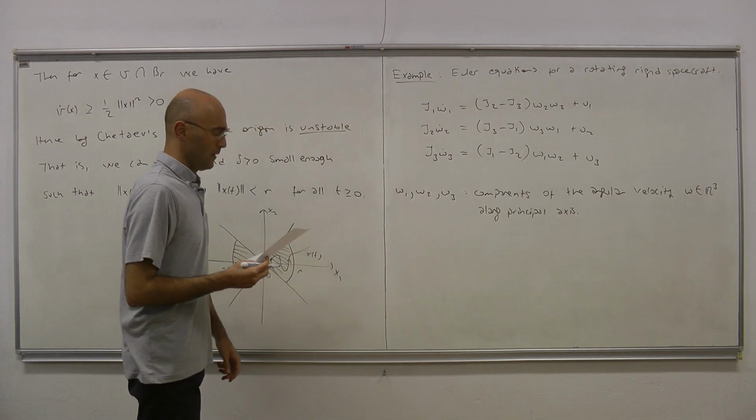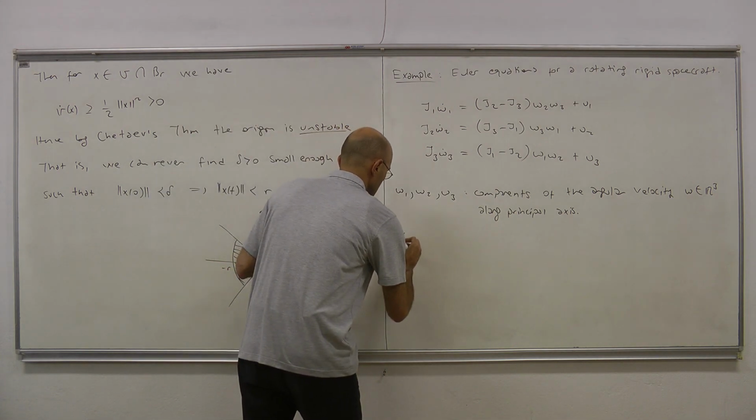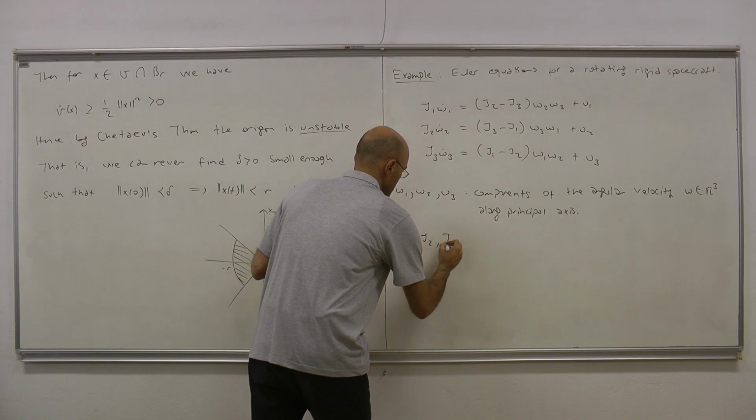So those are angular velocities, and the J's are constant scalars.